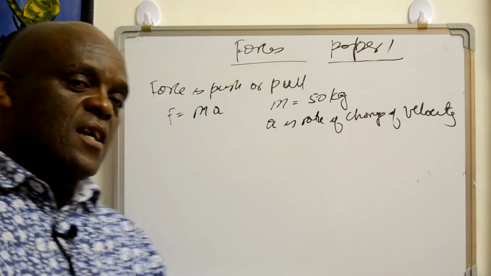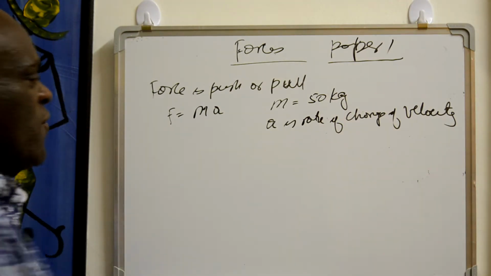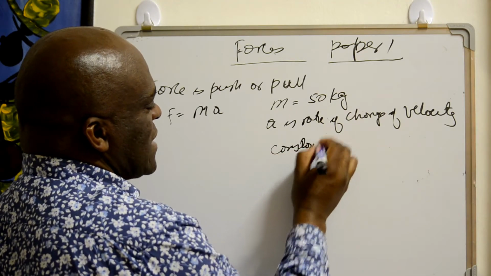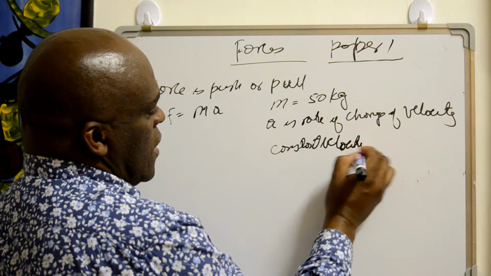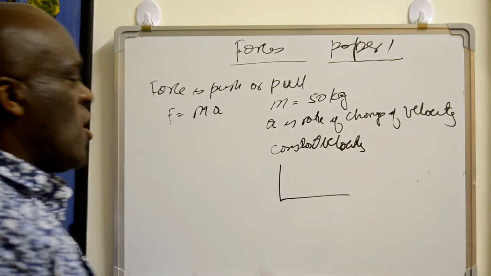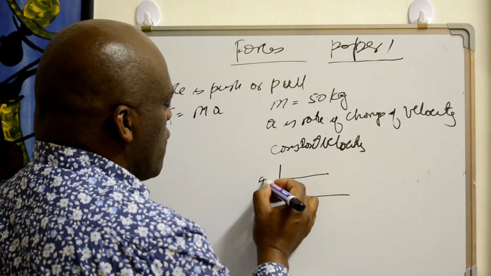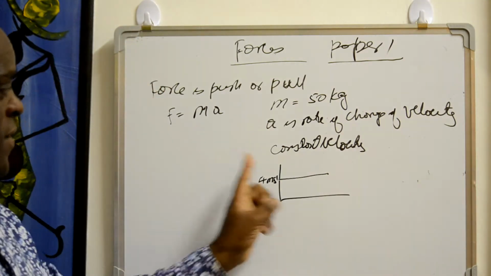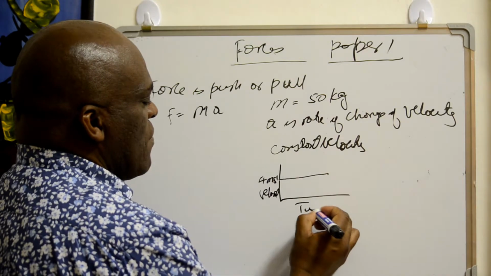For argument's sake, say an object is moving at a constant velocity. Your velocity is constant. Say that car is moving at 4 meters per second. This means if you have a velocity versus time graph.